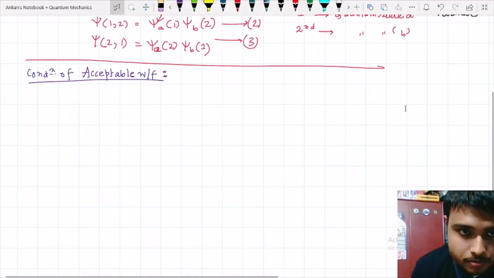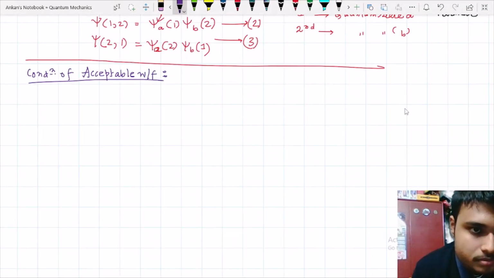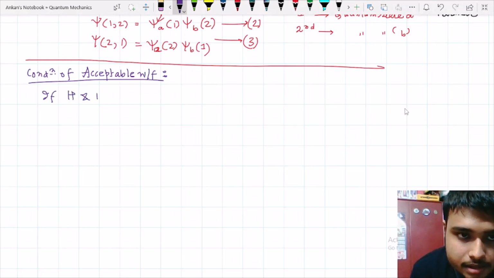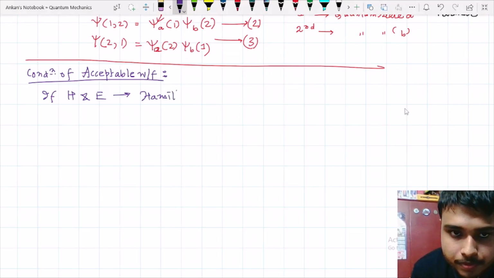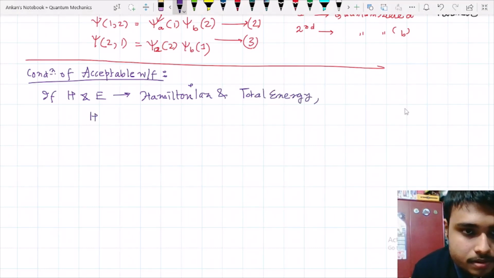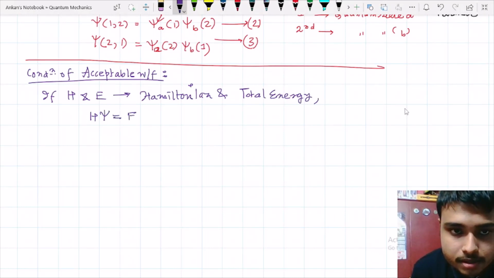If H and E are the Hamiltonian and total energy, then we can write H psi is equal to E psi.